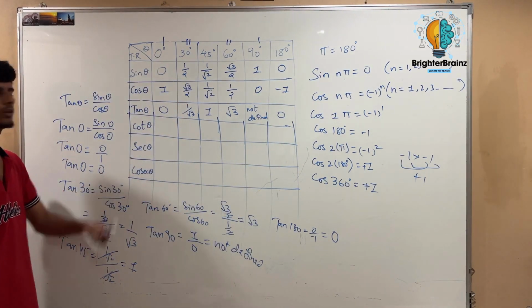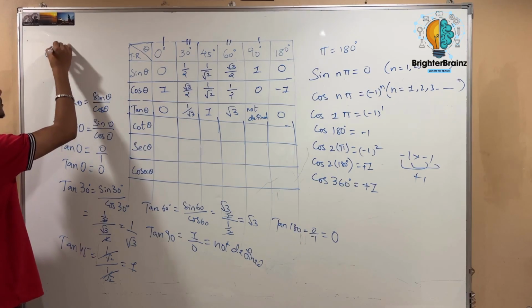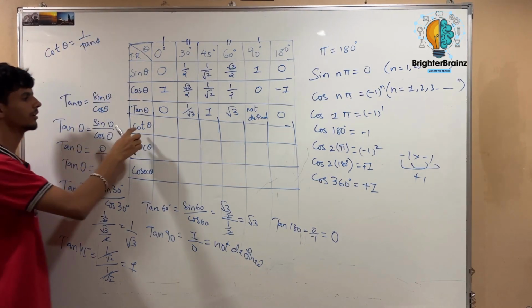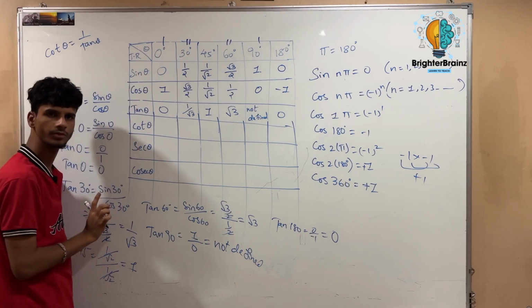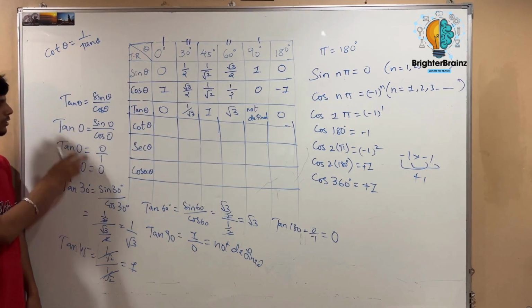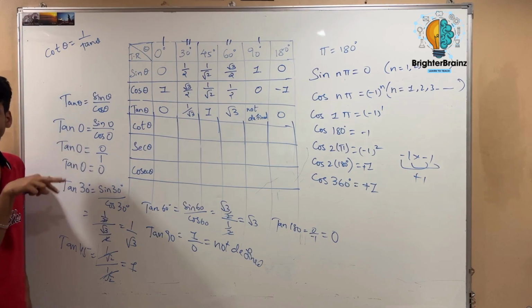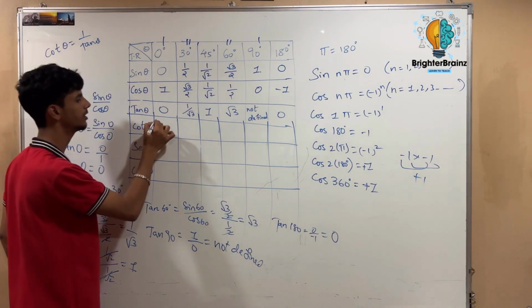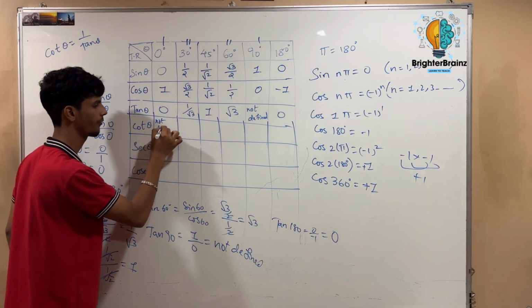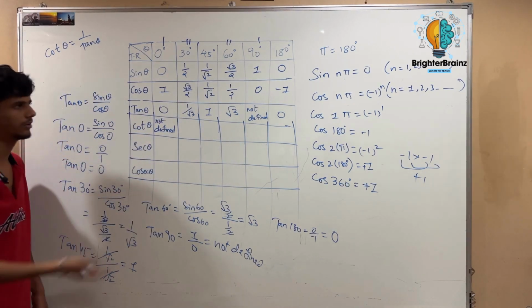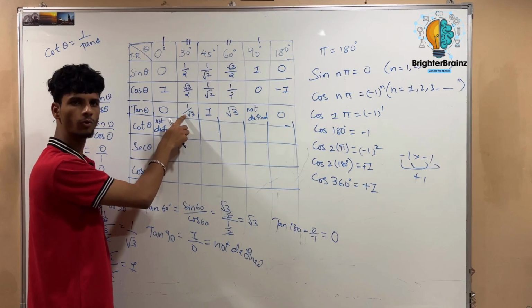Similar to cot. We know cot theta is the reciprocal of tan theta. If we want to find cot 0, tan 0 is 0 by 1. Then cot 0 becomes 1 by 0. 1 by 0 is not defined. And next, tan 30 is 1 by root 3.